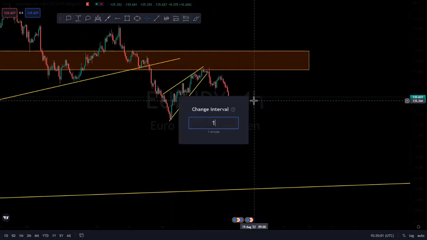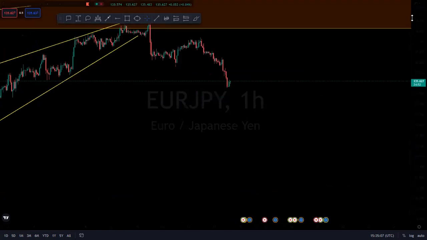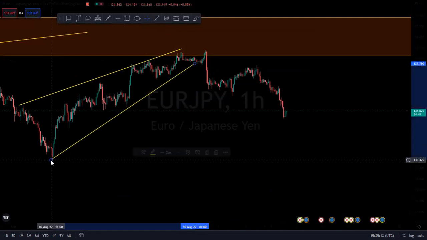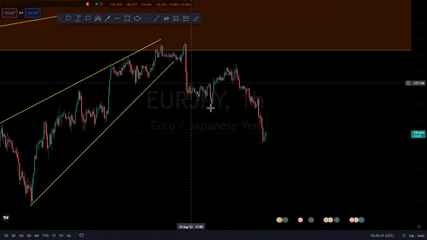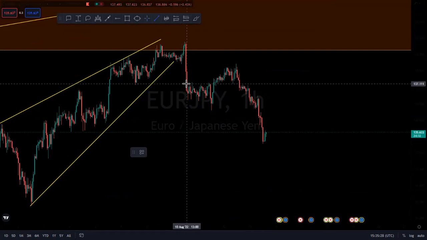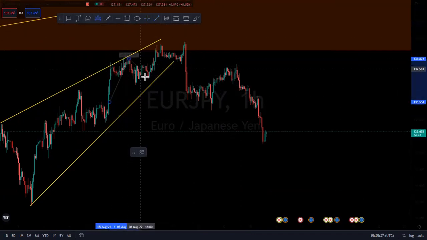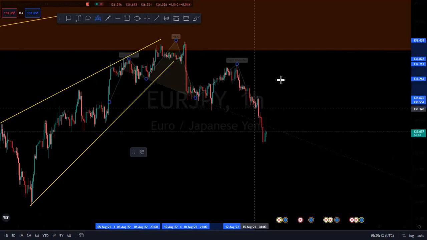Let's go to the lower. Let me show you. You see how I spotted my head and shoulders, left shoulder, and right shoulder down.